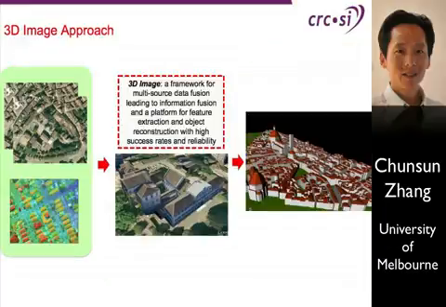More specifically, for our current target of automated reconstruction of buildings, we fuse and integrate airborne imagery and LiDAR data to generate 3D images, shown here in the middle. You can see that with these 3D images, the buildings are well presented, and building features like corners, lines and surfaces are prominent, so they can be robustly extracted by image processing algorithms and combined to generate 3D models of buildings.